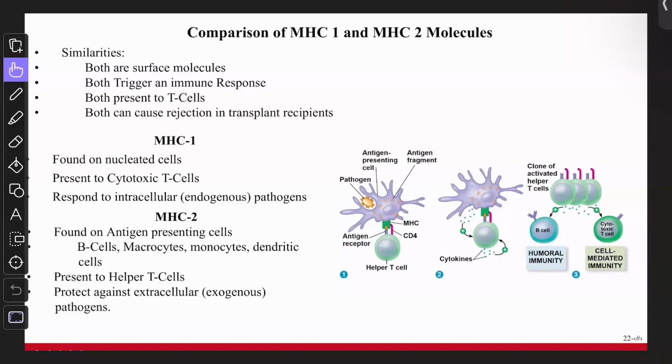MHC2 molecules are also found on antigen presenting cells, but these are very specific cells. B cells, macrophages, monocytes, dendritic cells. Now, do any of those cells have nuclei? They do.